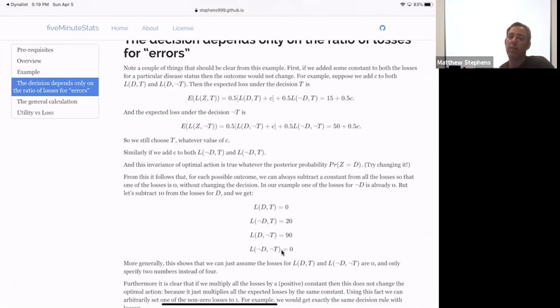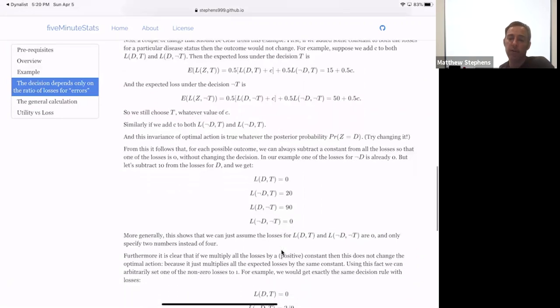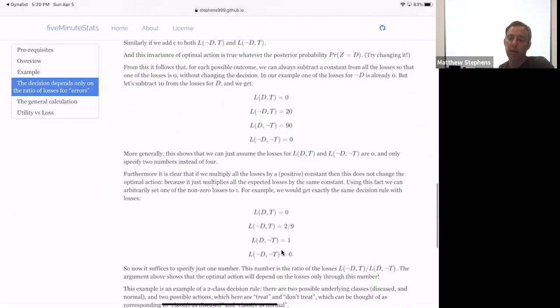The action that minimizes the expected losses is not changed by adding some constant to all those numbers, and neither is it changed by multiplying them all by some factor. So there are kind of 2 degrees of freedom there. That means you only really need to specify 2 of the 4 numbers. You can subtract something to make one of them 0, and then you can divide to make one of them 1.